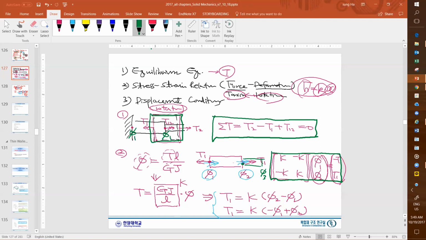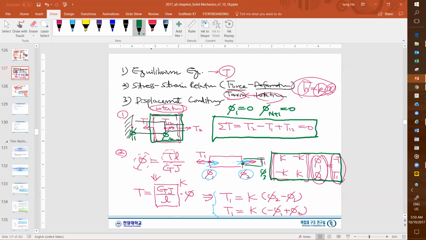And we call this one phi2. So this one is basically T1 and phi2, right? Okay. So phi1 and phi2. So the displacement condition is simply phi1 equals 0, right? And phi n plus 1 equals 0, on the very right-hand side, since the number of shafts is n, and on the right-hand side we have a fixed boundary condition.